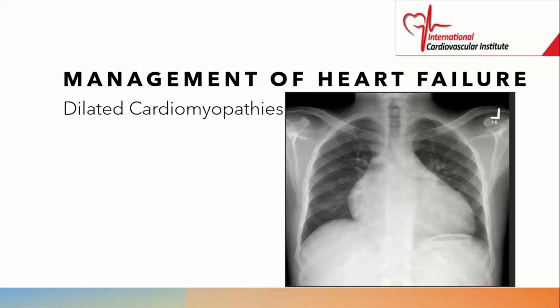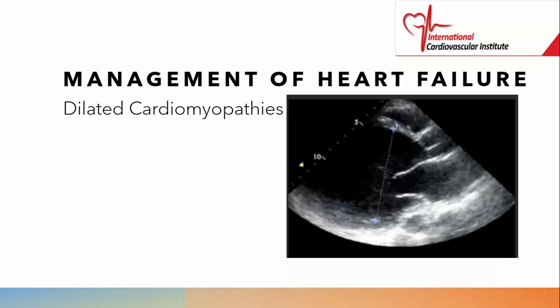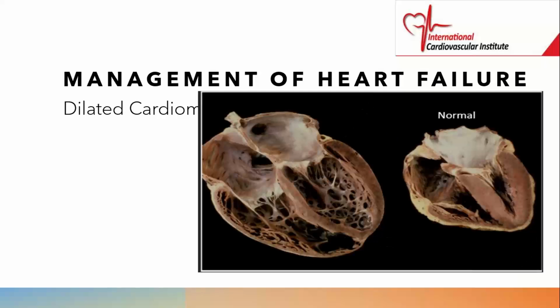But this is what a big heart looks like on the chest X-ray. And then echo, those of us who do echoes, when you measure the LV cavity size in diastole, it's dilated. So that's what a dilated cardiomyopathy looks like.